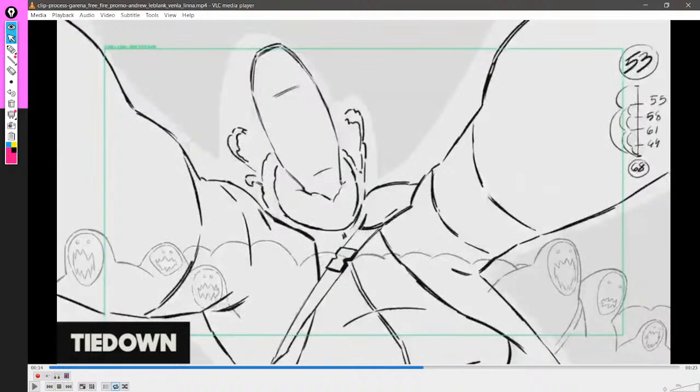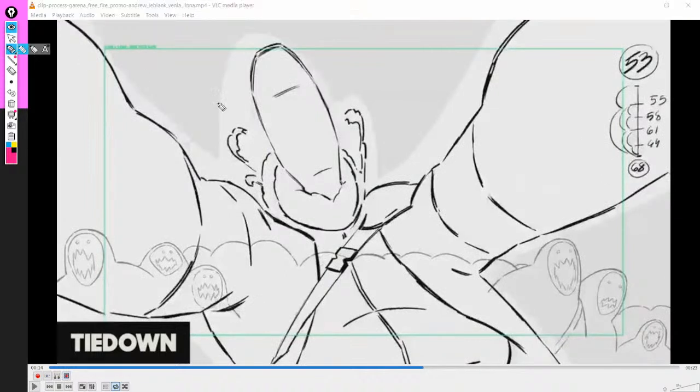What's happening here, I believe, is that the animator is saying that from here to here and here to here, the same amount of spacing is going to happen, and that this is just going to be breaking down further and further. This would be the timing chart that we've been doing in class.